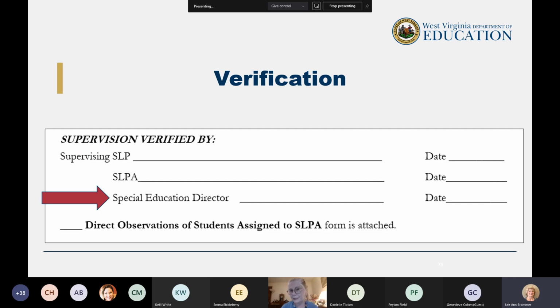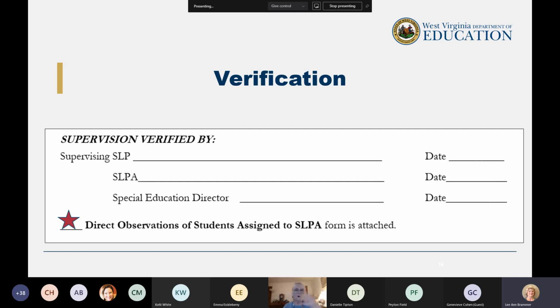And I know it's crazy at the end of the year and it's hard to reach them or whatever, but plan, knowing in advance, beginning with the end in mind, that you're going to need that signature. And then on the next slide, you can see where we have the direct observations of students assigned to the SLPA. So that form is attached.